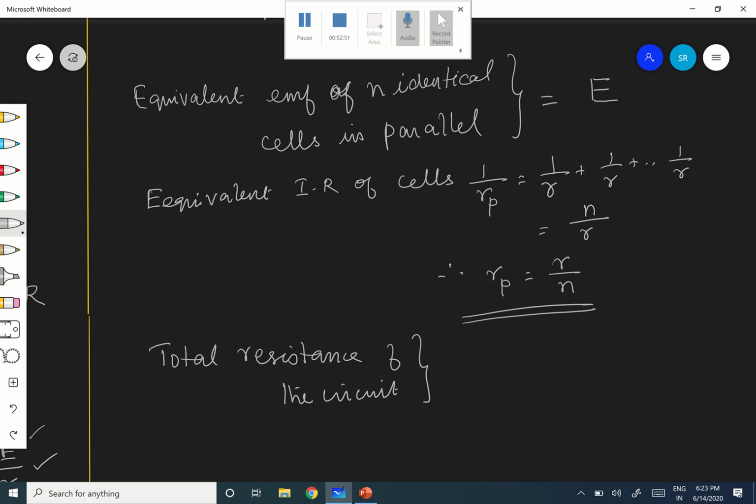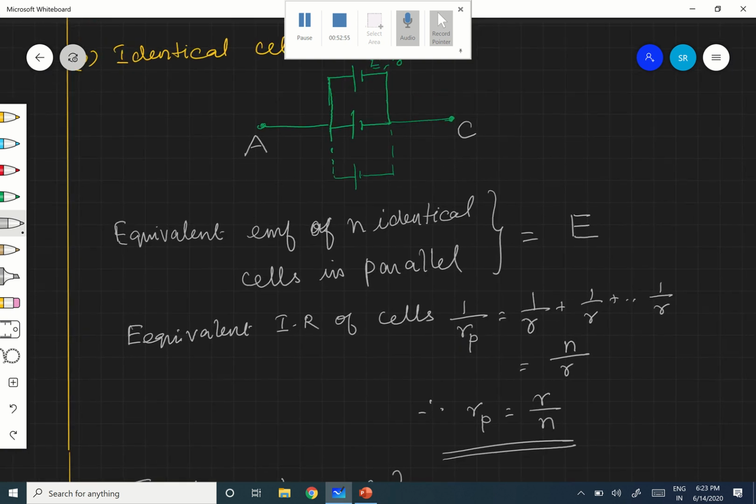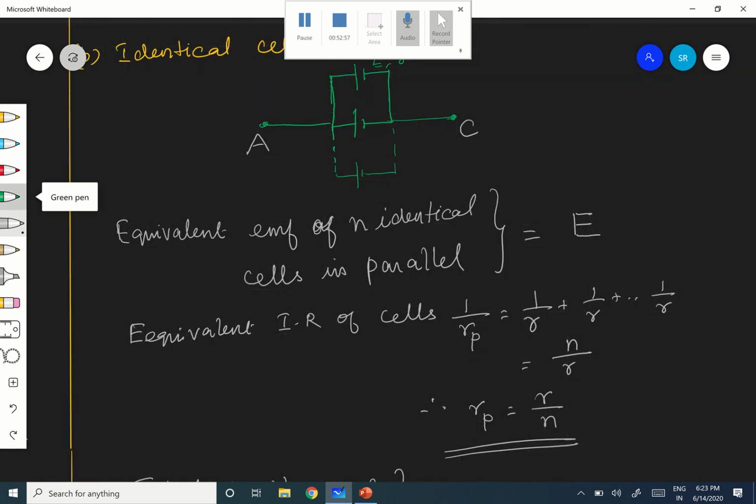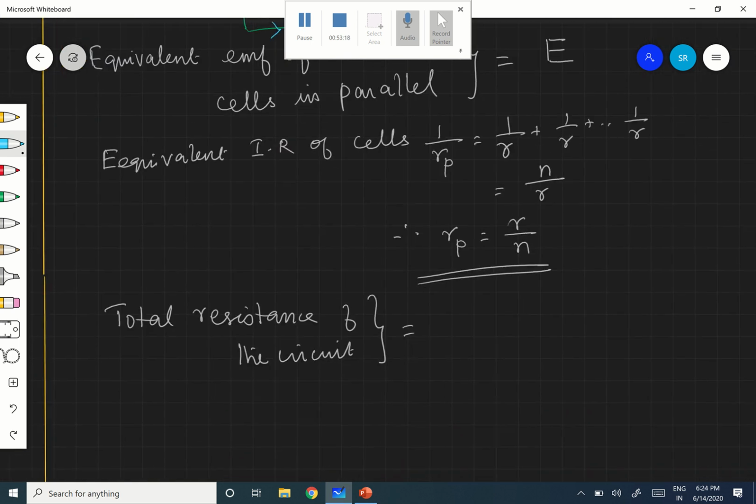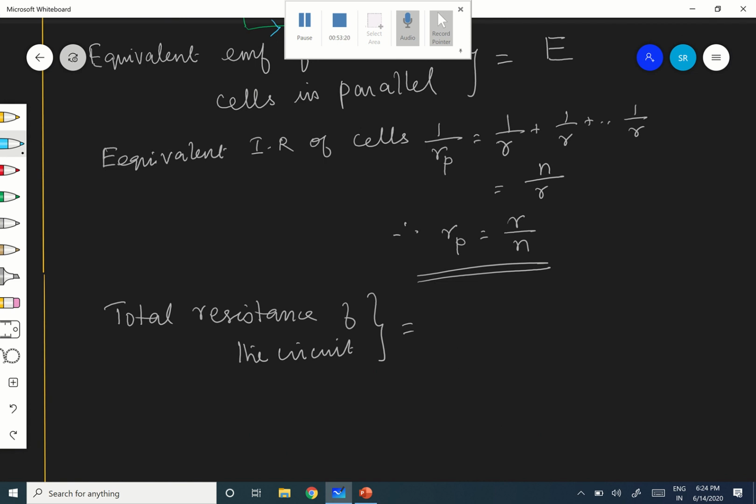Here it is connected to an external resistance R, like what we did in our series combination. Hope you are following. The current moves in this direction. This is I.